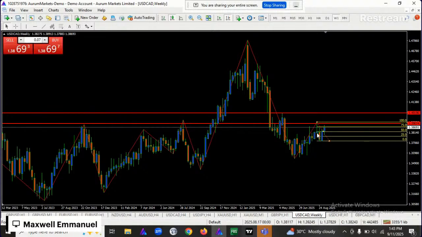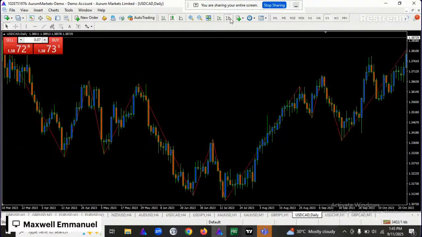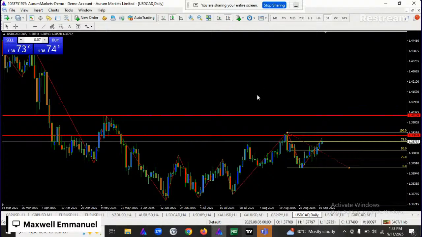You can see the market is trading above this resistance on the weekly time frame, so it's likely going for this high and also retest this. That's what I think is playing out on USD CAD.